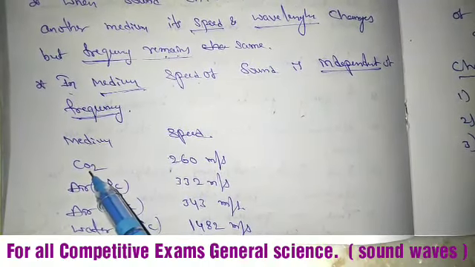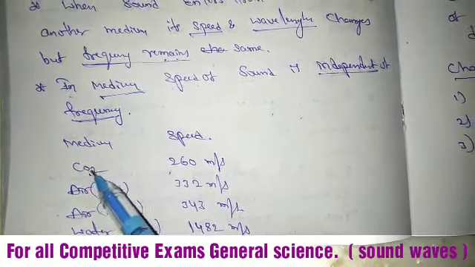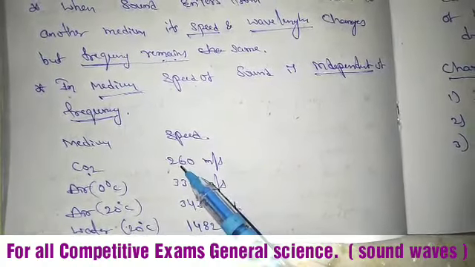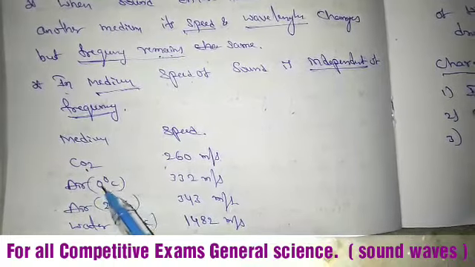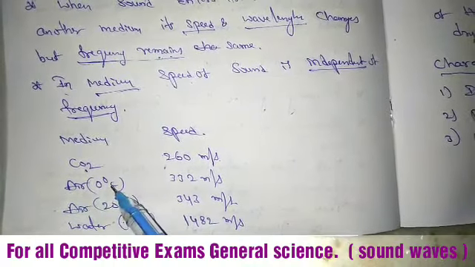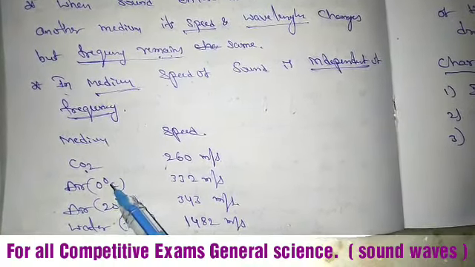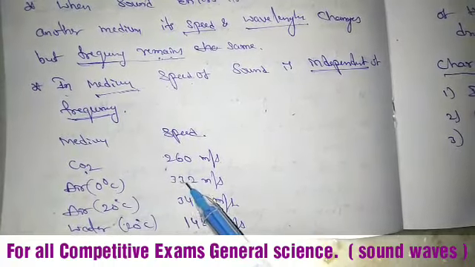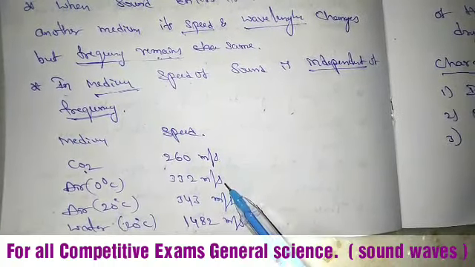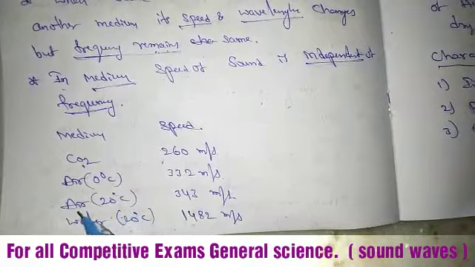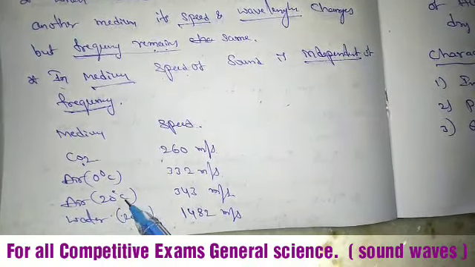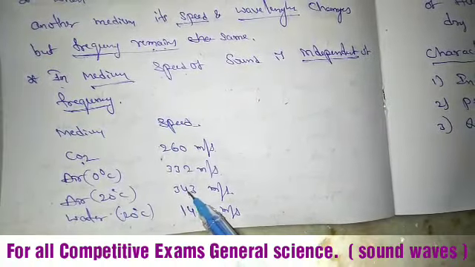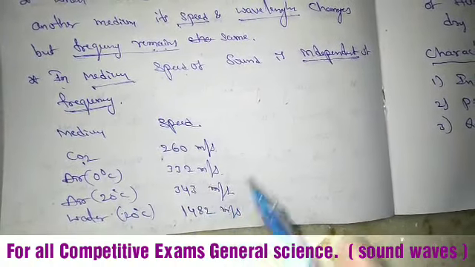Next, some of the elements and speed. In the carbon dioxide medium, the speed of the sound is 260 meter per second. In air at 0 degree centigrade, the freezing point, the speed of the sound is 332 meter per second. And in air at 20 degree centigrade, normal temperature, it is 343.